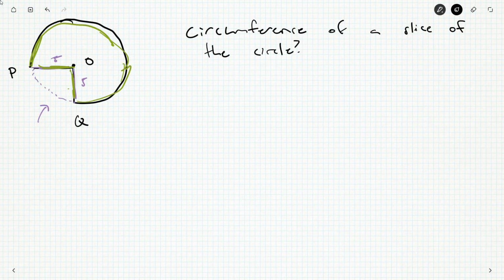Okay? And it all depends on what slice or what angle you've got left. So here, inside we have a full 270 degrees left because we take away a 90 degrees.